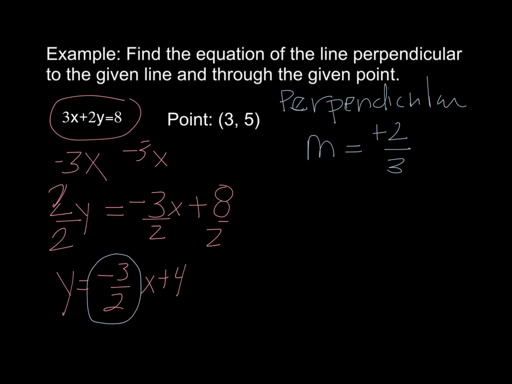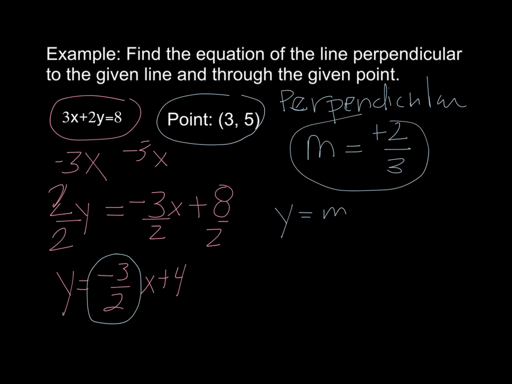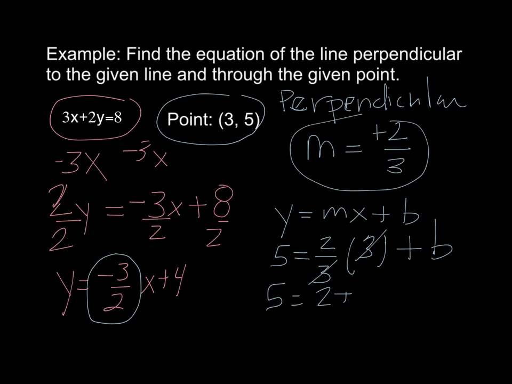From here, we're going to use the point 3, 5 and the slope 2/3, plugging in what we know. In for y, we'll put 5. The slope is 2/3. X is 3 plus b. And we have a nice cancellation of 3's here. 5 equals 2 plus b. Subtracting 2 from each side, we get b equals 3.